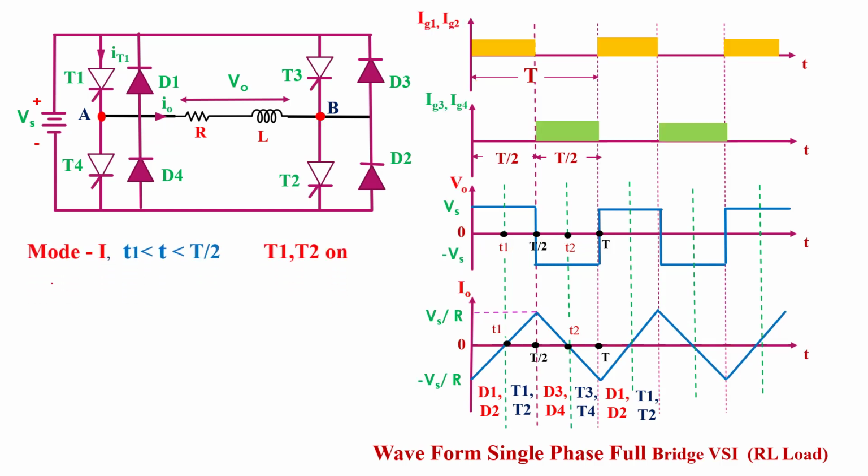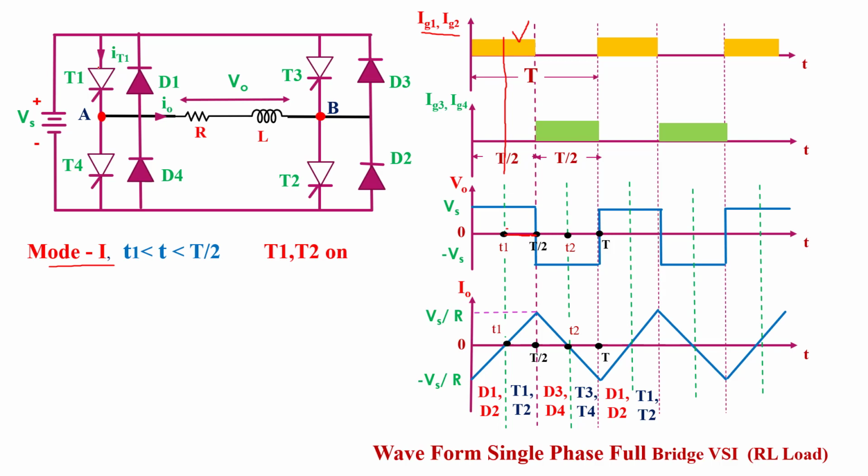Now consider mode 1. In mode 1, the time interval is T1 to T by 2. In this time interval, we provide a gate triggering pulse, or firing pulse, to thyristors T1 and T2. So T1 and T2 will be turned on.